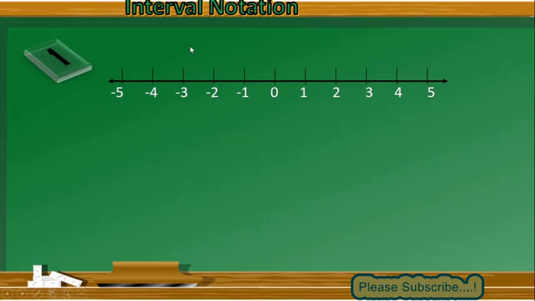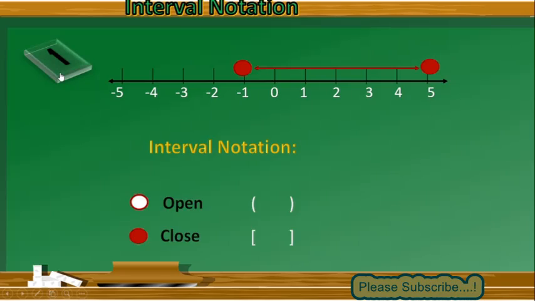Okay, next one. The second example is that one, and there we will determine the solution of that inequality. In writing the interval notation, remember that this is referring to close, so we will use the bracket.